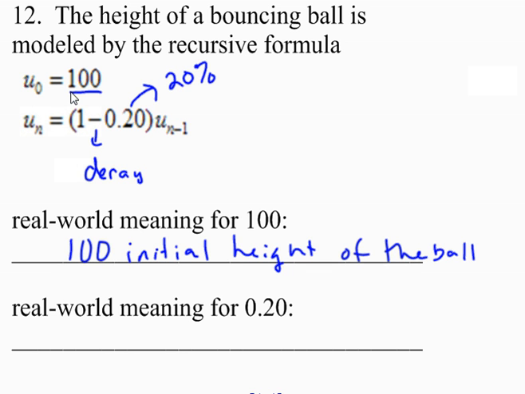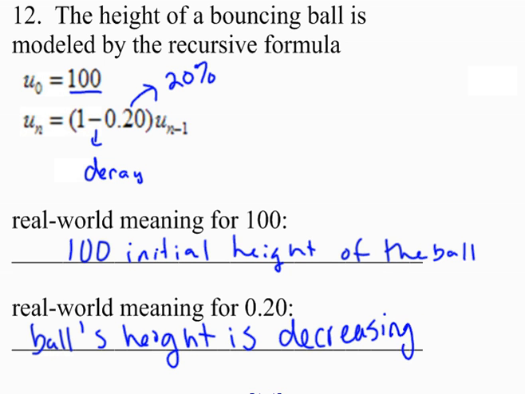And so what that means is that the ball's height is decreasing by 20%. Okay, and if you think about it, when you drop a ball, it doesn't bounce up to exactly where you dropped it from, right? It only gets up a little bit close to that height, and then it's a little less than that height, a little less, and it just keeps going down.